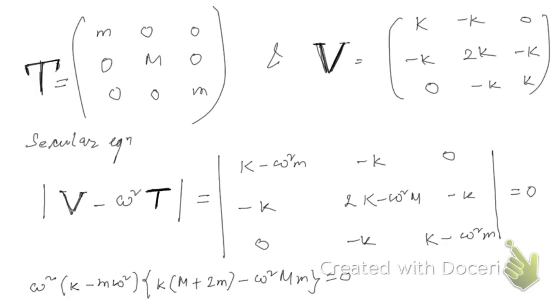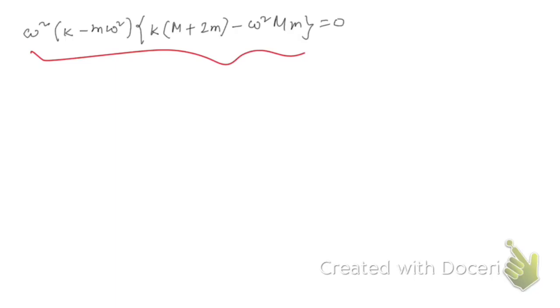Now let me copy this and go to a new slide. So here is the equation you're going to have. From here you can see the right hand side must be equal to 0. Either this part must be equal to 0, or this part, or this part.